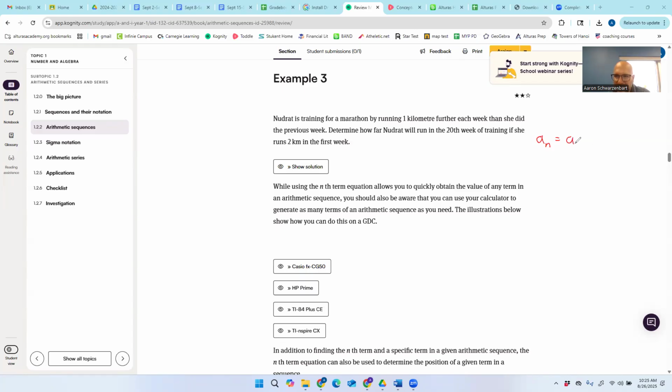First term, which in this case was 2, plus d times n minus 1. So I'm looking for the 20th week. Her first week was 2. My common difference is 1. 20 minus 1 is 19. 1 times 19 is 19. 2 plus 19 is 21. There are ways to do this on the calculator. It's not faster.